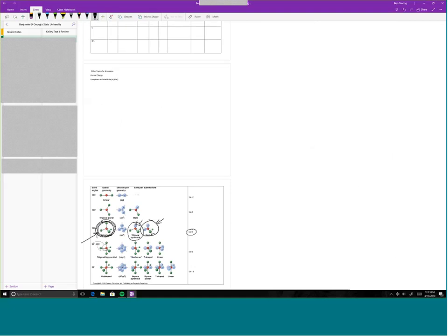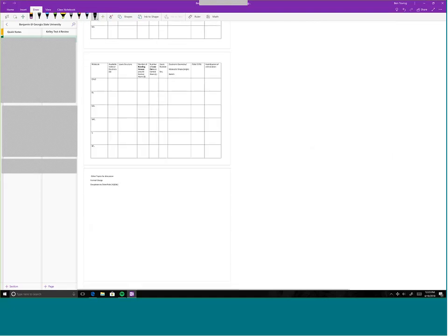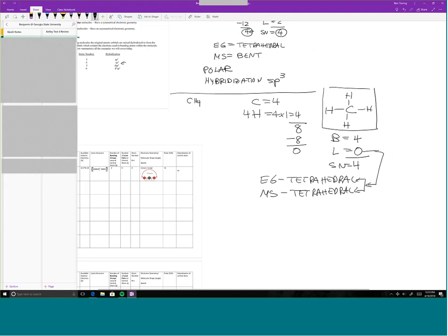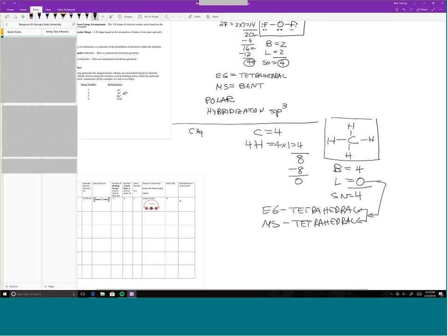And as we said a couple of times, when we have all the atoms, all the outer atoms the same, it's going to be symmetrical. Okay. So this molecule is going to be nonpolar because it's perfectly symmetrical. Hybridization, we've seen this twice before.